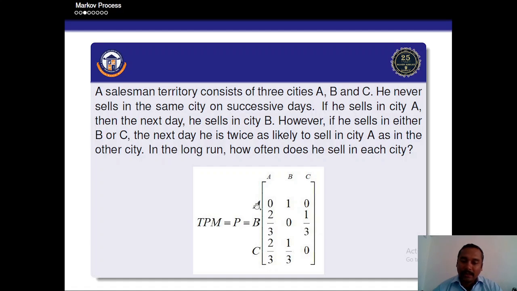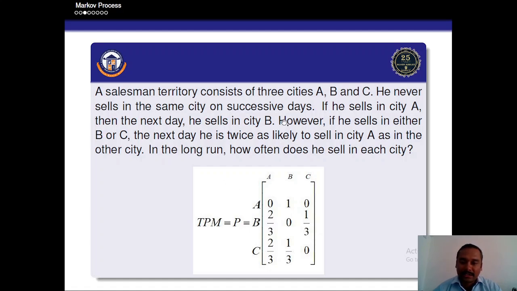Again, if he sells in city A, the next day he moves to city B, not to C, so its corresponding entry is 0. For the remaining value, follow the condition that the sum of each row is equal to 1, so we fill in 1 here. This is for city A.